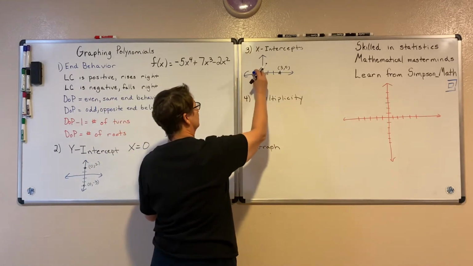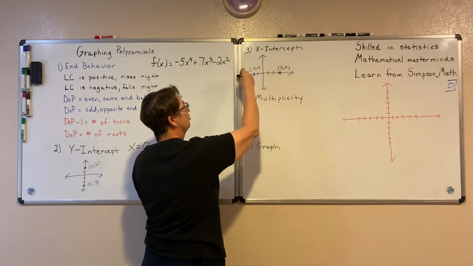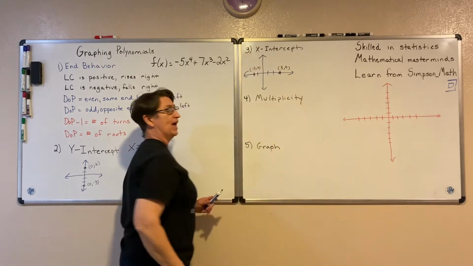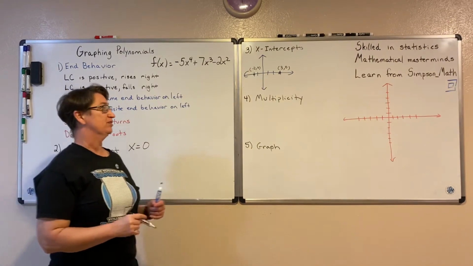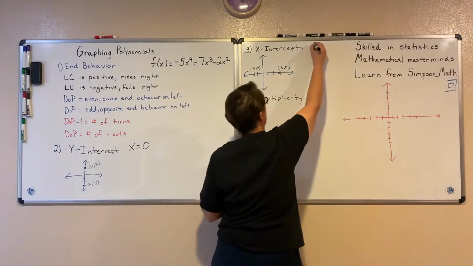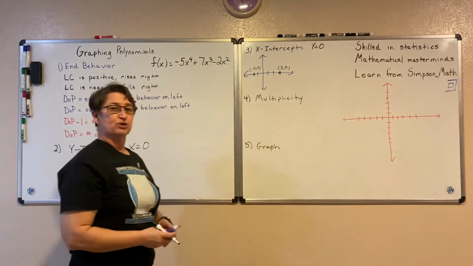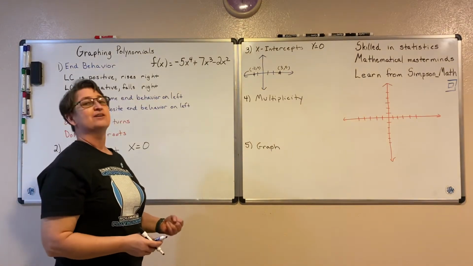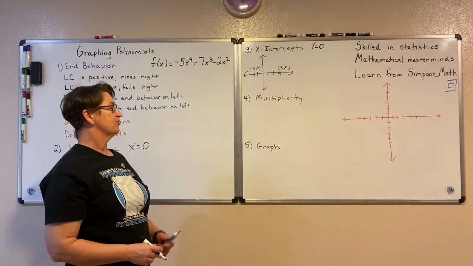Or another point on this axis is here at (-2, 0). Notice that if I put points along that x-axis, every time my y value is 0. So to find my x-intercepts, every time my y value equals 0, I'm going to substitute in 0 for y, solve for x, and I'll find the x-intercepts.